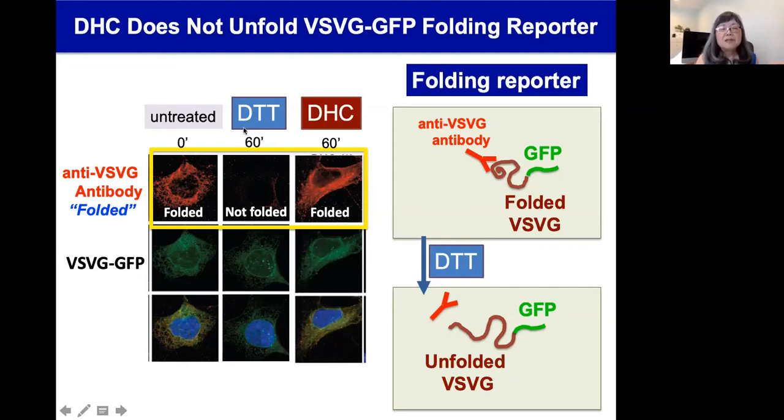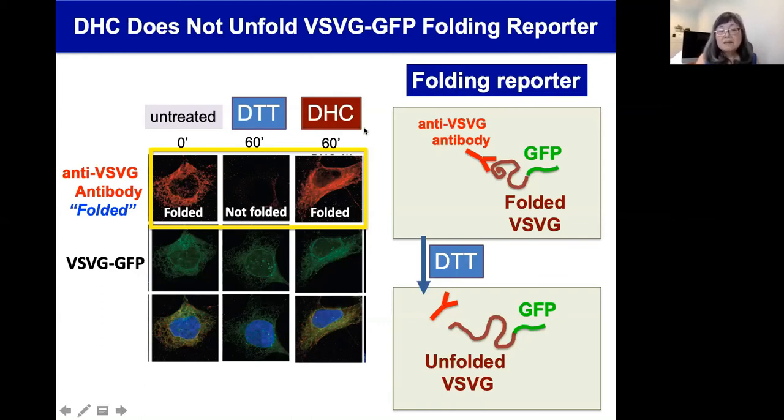But when we treat cells with DTT, the immunofluorescence signal goes away, but the fusion protein is still present in the cell when we look at the GFP portion. The GFP portion is small and relatively well folded, so even in the presence of DTT, it can still emit fluorescence.